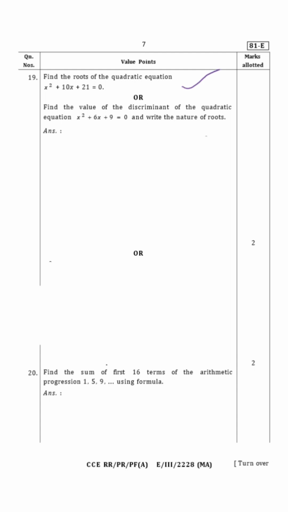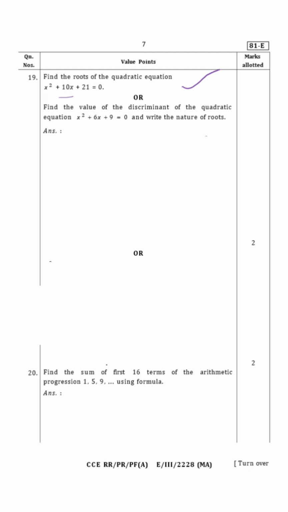Here you can observe that you can easily solve it by the factorization method. Here a is 1, c is 21. 1 into 21 is 21. We have to split the middle term such that we get 10x. 7 threes are 21, and 7 plus 3 is 10.